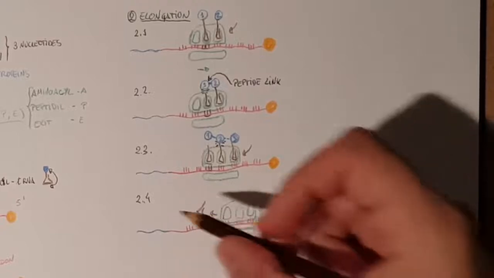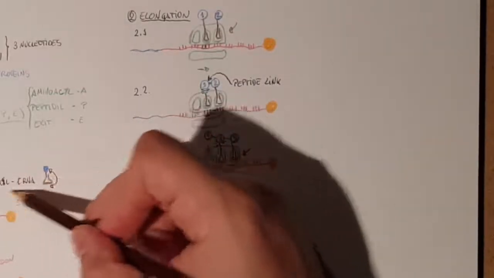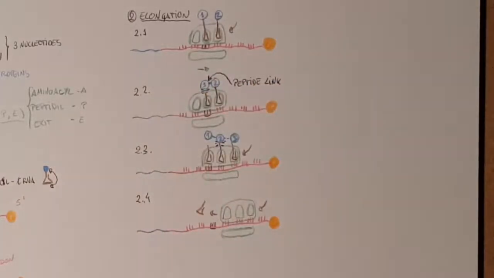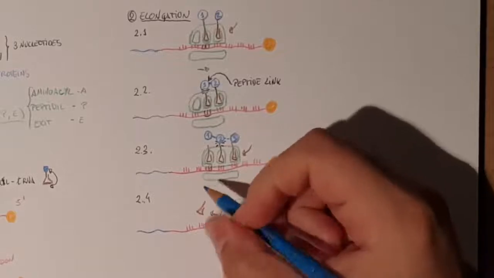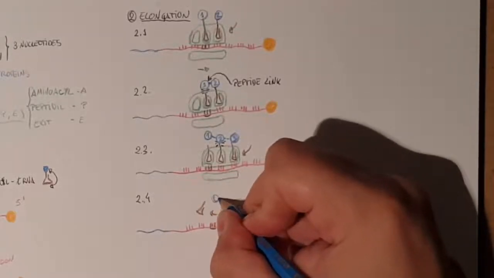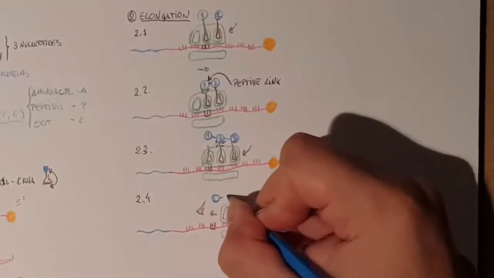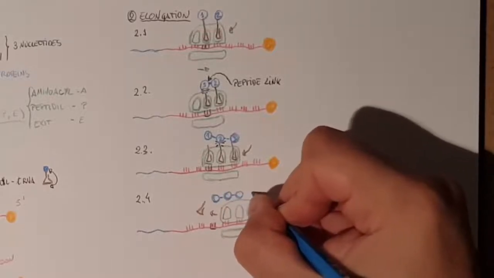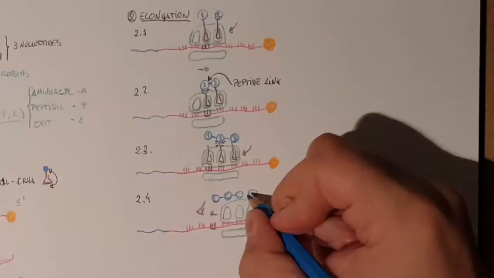It's going to go to the amino acid tRNAs to be joined with another amino acid. So we can recycle. So 1, 2, 3, and then we're going to have a 4.